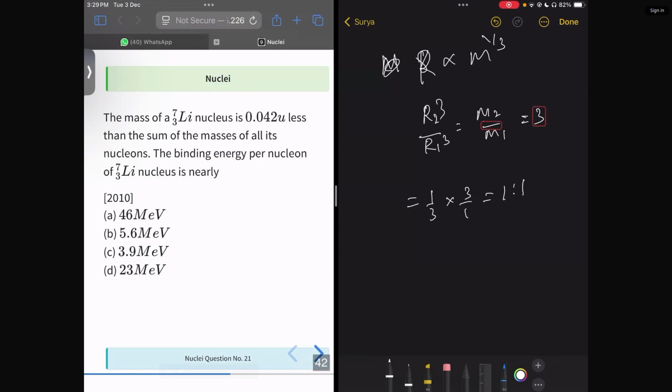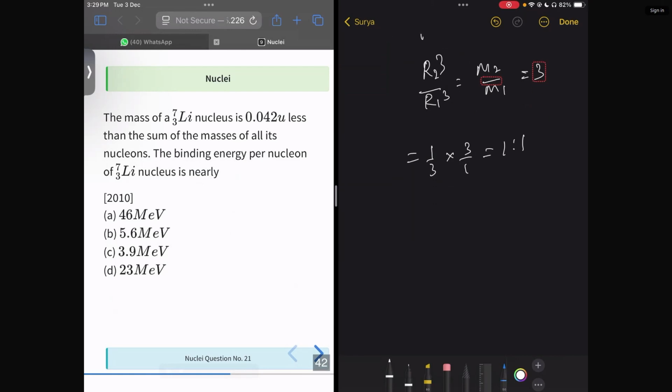So next question. The mass of a lithium nucleus is given as 0.042 u less than the sum of the masses of all of its nucleons. The binding energy per nucleon is asked.